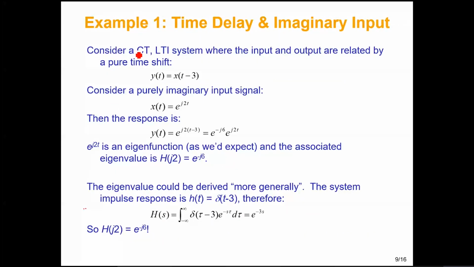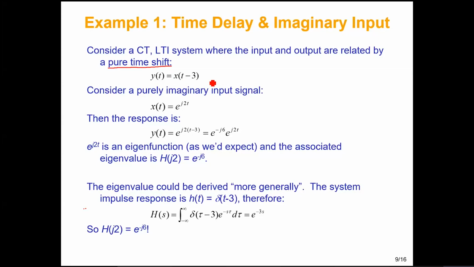Let's see a simple example of how we can actually use this. Here is a simple system, a pure time shift system, in which the input is x of t and the output is just a shifted version of that.